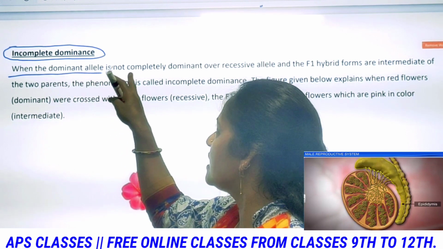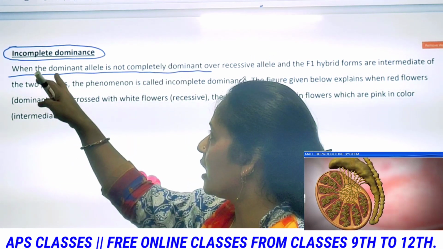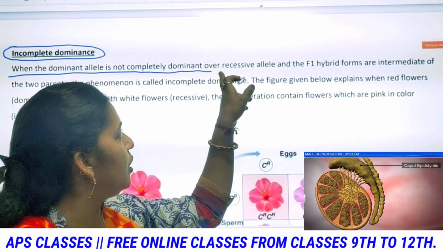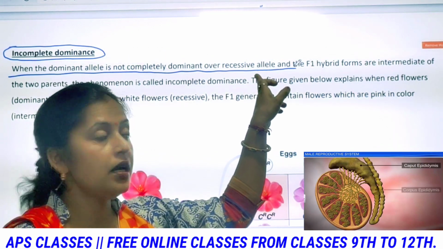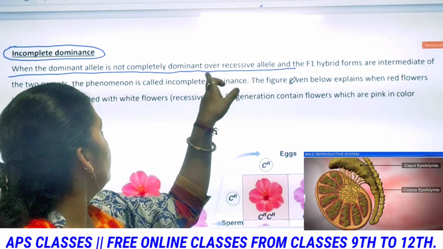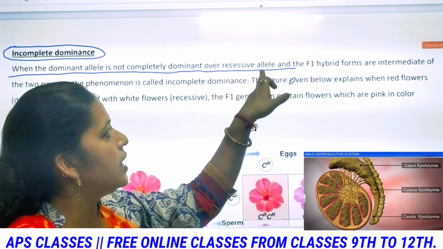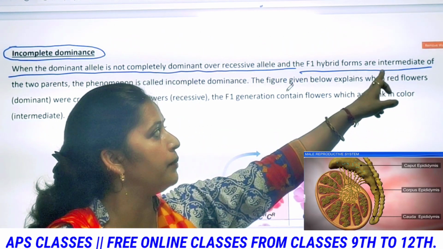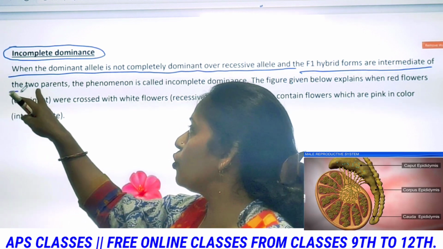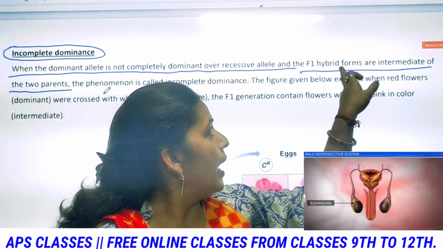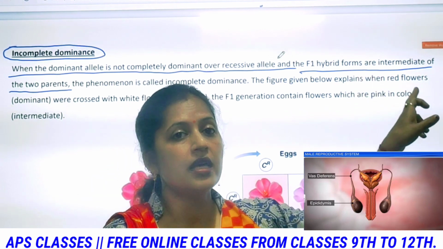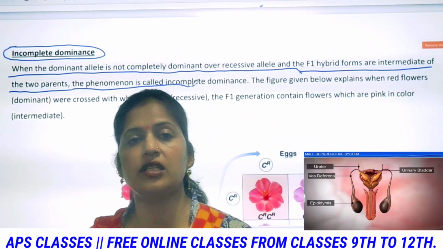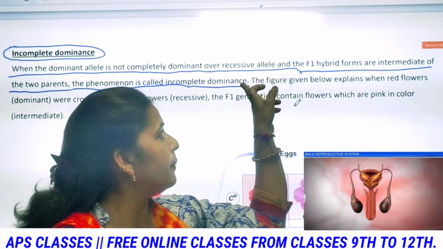When the dominant allele is not completely dominant over the recessive allele, and the F1 hybrids formed are intermediate of the two parents, that phenomenon is known as incomplete dominance.